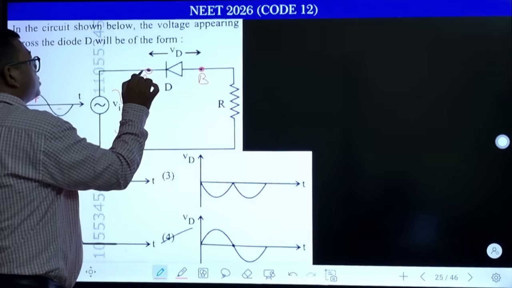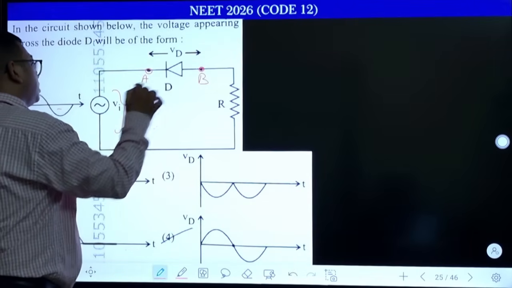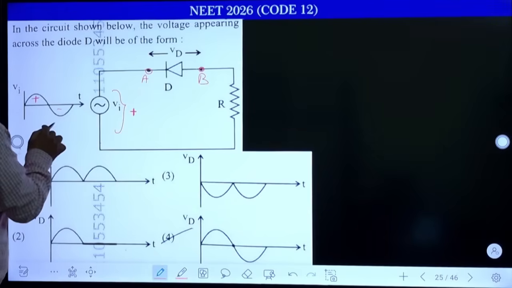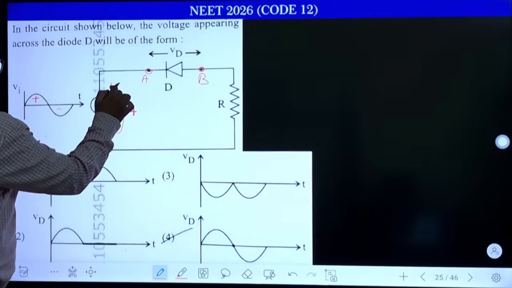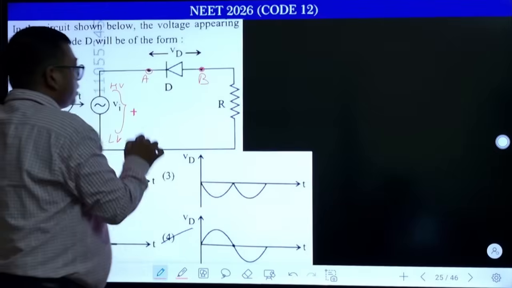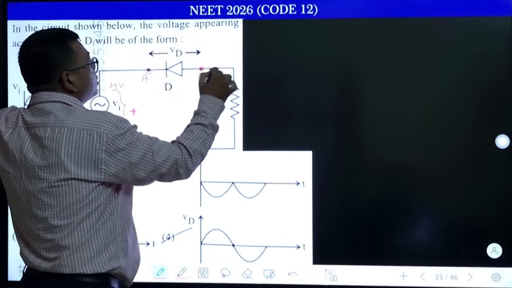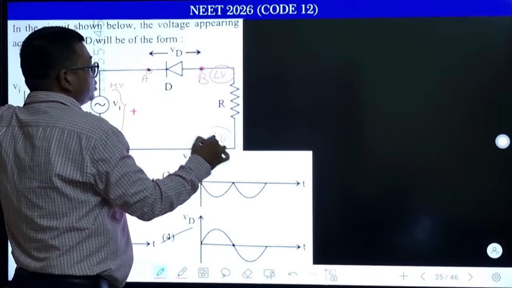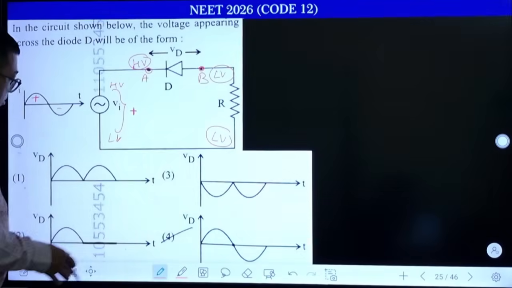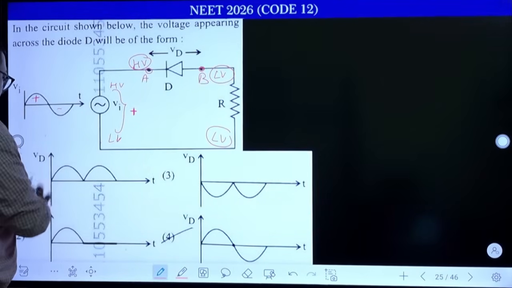So the potential difference is going to be the same as this only, because this is high voltage, this is low voltage, and current is not happening here, so this is also low voltage, this is also low voltage, this is high voltage. So that same high low will be there.